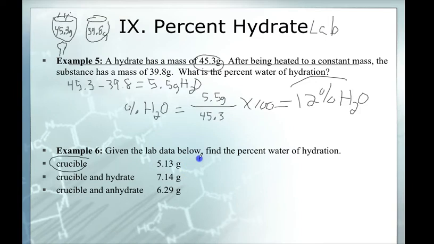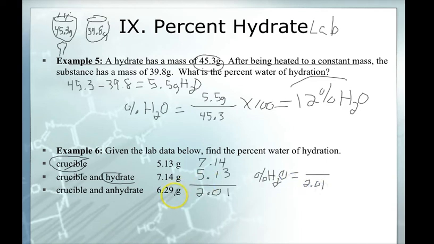We would take the crucible and the hydrate and subtract the crucible from that, which would be 5.13. Notice how these cancel out and you're left with just the hydrate, which comes out to 2.01. So the hydrate is 2.01, and that would be our bottom number, 2.01.